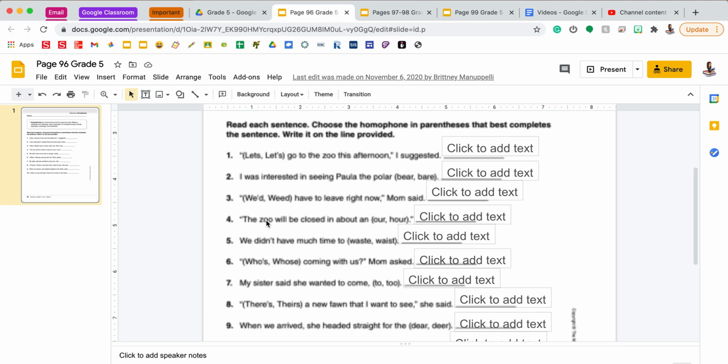Number 1 says, "Let's go to the zoo this afternoon," I suggested. I need to decide between let's and lets with an apostrophe. I am going to choose the one with an apostrophe to stand for "Let us go to the zoo this afternoon," I suggested.